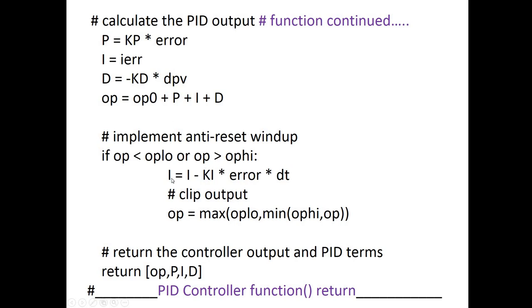Now we will simply say implement anti-reset windup, which right now we would not like to discuss because that's a different topic. It will be covered later. Now return the temperature output. The output will be returned through this function. This is how simply you have to consider OP is equal to OP0 plus P plus I plus D.